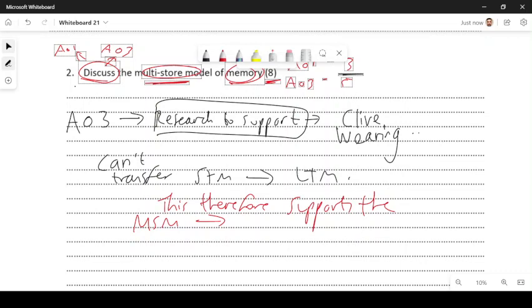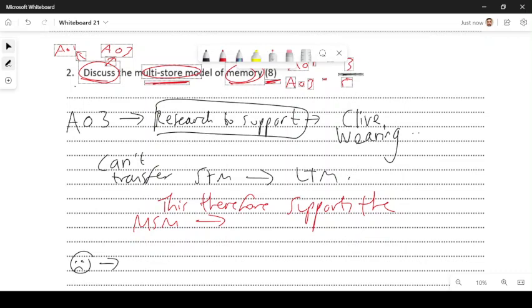Now what you could do there as your other AO3 to counter this, you could go down the route and say, however, some people argue that Clive Waring doesn't support it because it's suggesting that there's more types of long-term. You could go down the route of saying, however, Clive Waring is just one singular study. Can we apply this to everything?